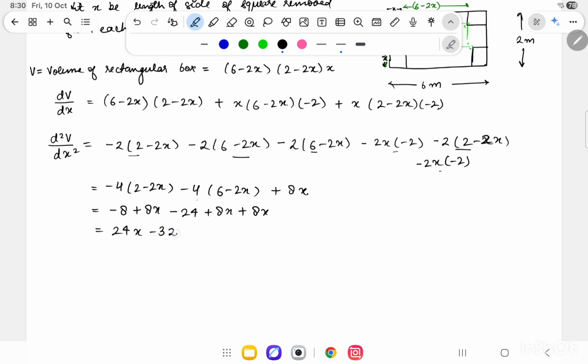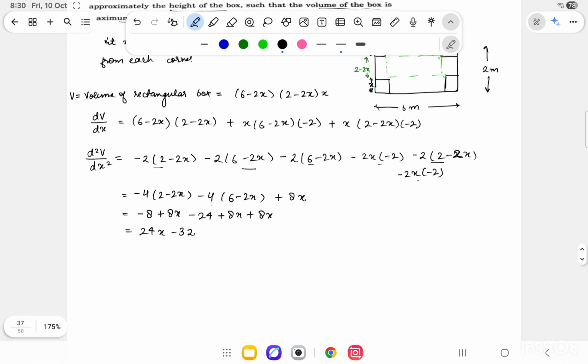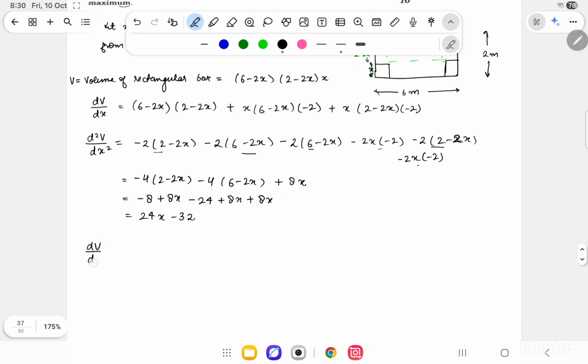24x minus 32. Now let's find the point x by equating the first derivative to 0, that is, dV by dx equals 0, because this will give us the critical points where the function V can attain maximum or minimum volume. So if I equate it, it will be (6 minus 2x) into (2 minus 2x) and minus 2x into (6 minus 2x) plus (2 minus 2x) equals 0.